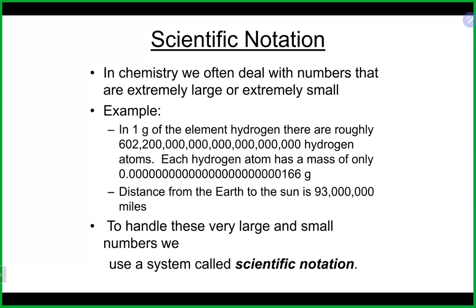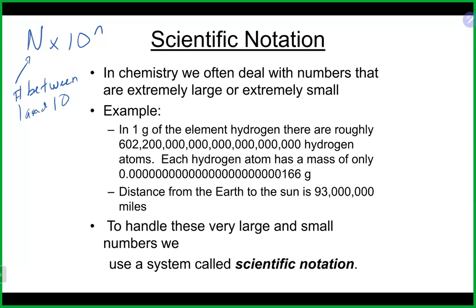So to handle these numbers, we use scientific notation, and scientific notation is written a certain way. It is N times 10 to the n, and this N is a number between 1 and 10. So it cannot really be 10, it cannot be higher than 10. It can be 1 though. 1's okay.